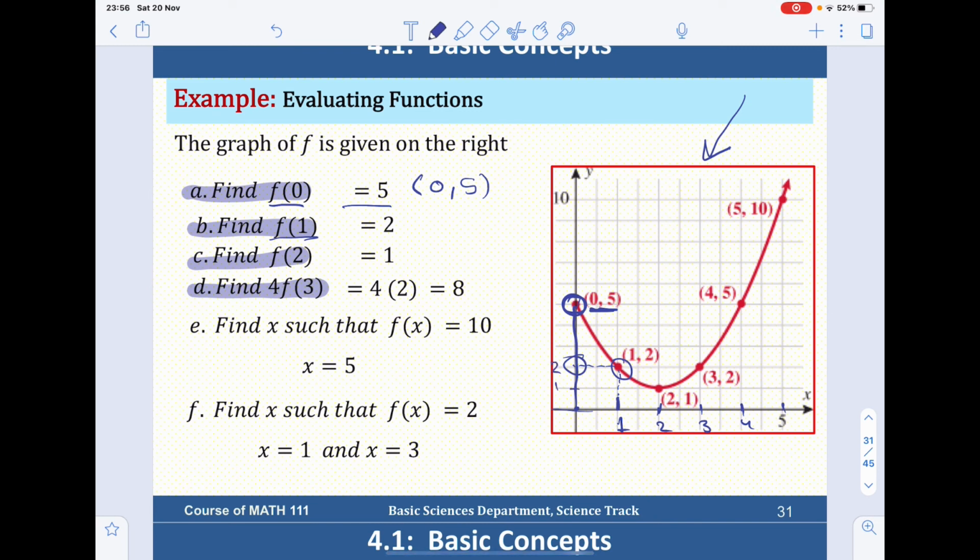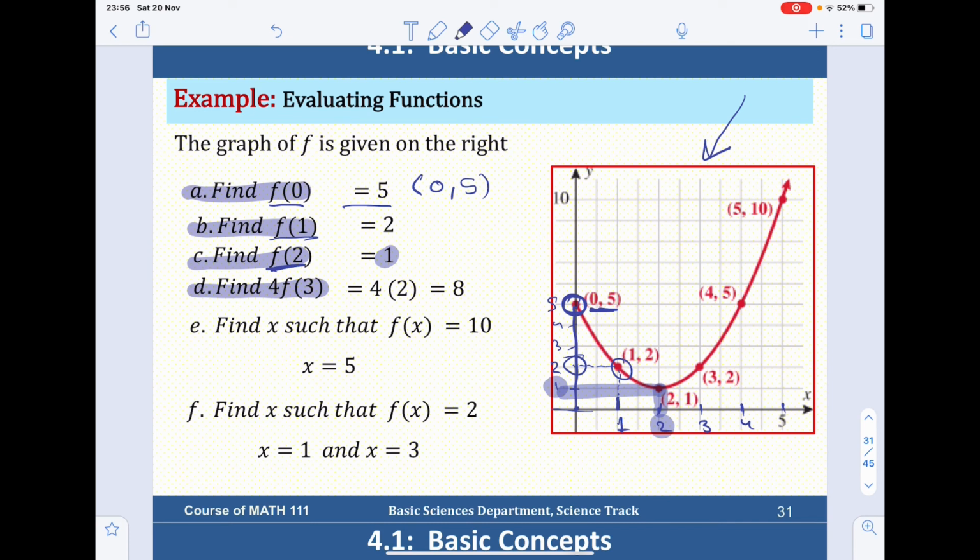Okay, what about f of 2? So we will go to the 2 on the x-axis, then we will go up until we hit the graph, then we will go horizontally to see the point, which is 1. So it is 1.